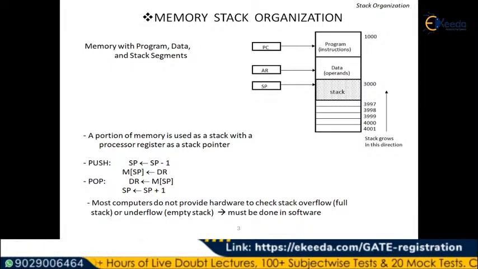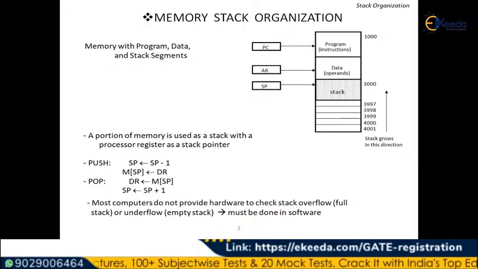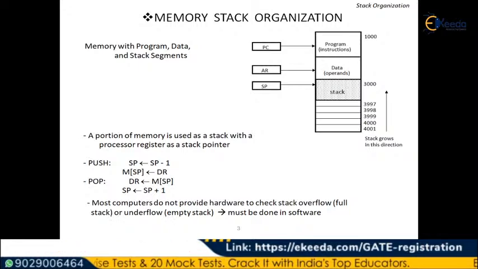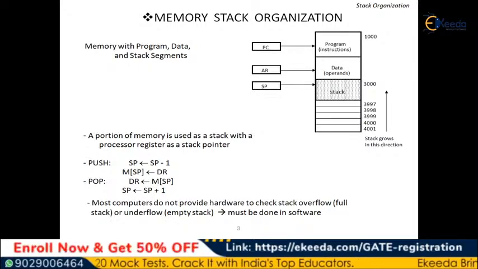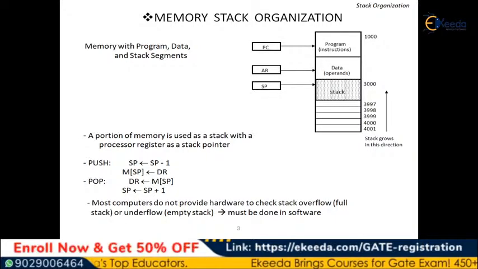If you have 100 programs in the main memory, each and every program will use its own stack. The stack space cannot be used by any other program. For that reason, we need to also understand the logic of the memory stack.